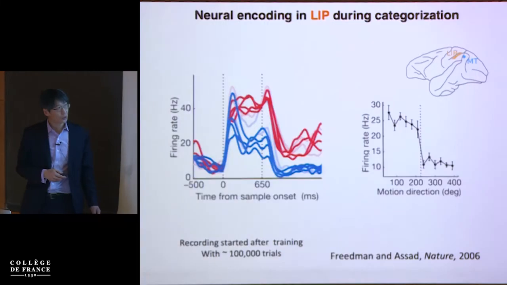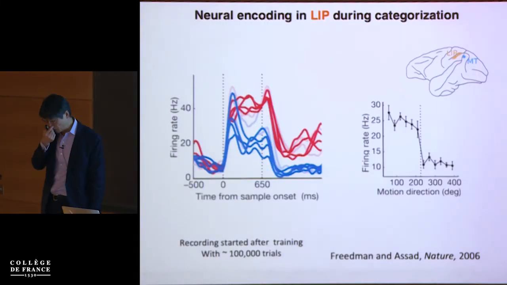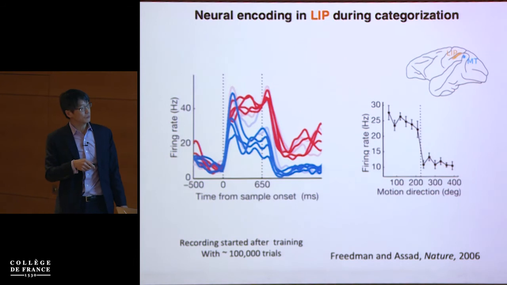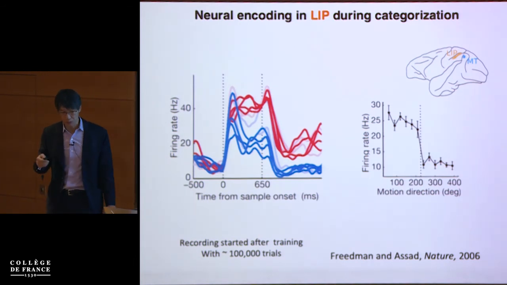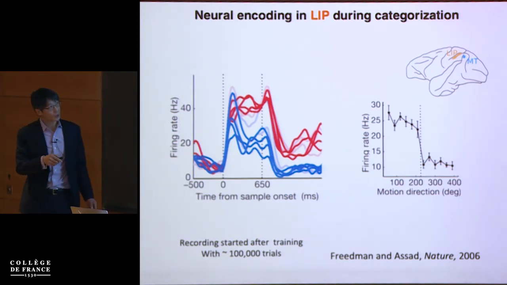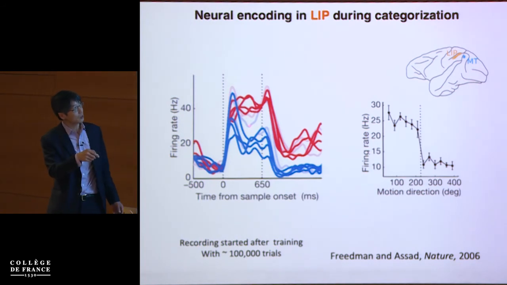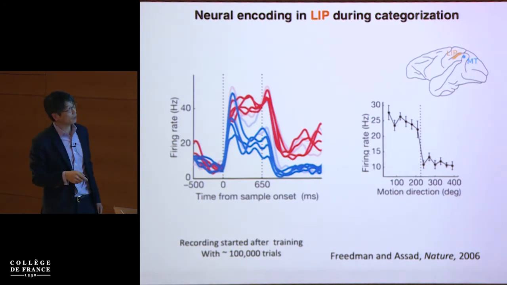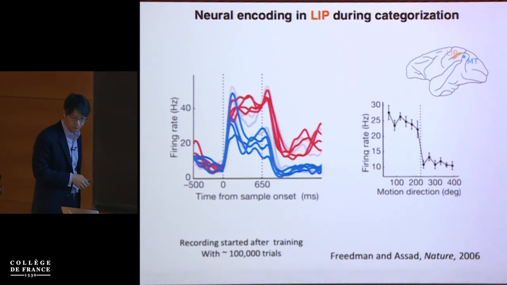And they found that single neurons, after training, in the prefrontal cortex and the parietal cortex, show category selectivity. So you see here that regardless of the actual directions in category A versus category B, the activity of this recording neuron seems to show this binary response. And it also remembers the category across a delay period, right, when input is no longer there.